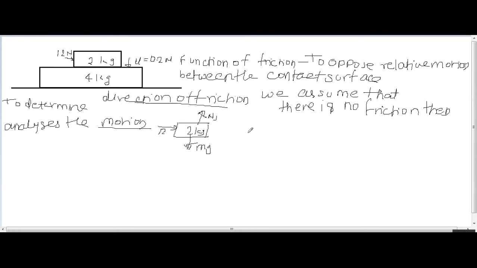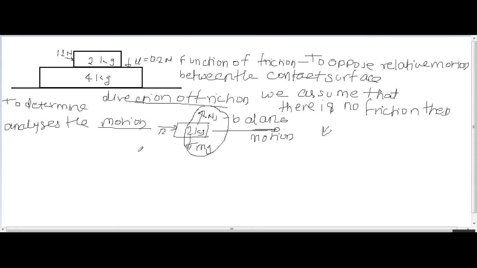These are the only forces present in the absence of friction. This will not move in the upward direction, that is balanced, so it will move only in this direction. This is the direction of motion. Let's suppose this velocity is v.